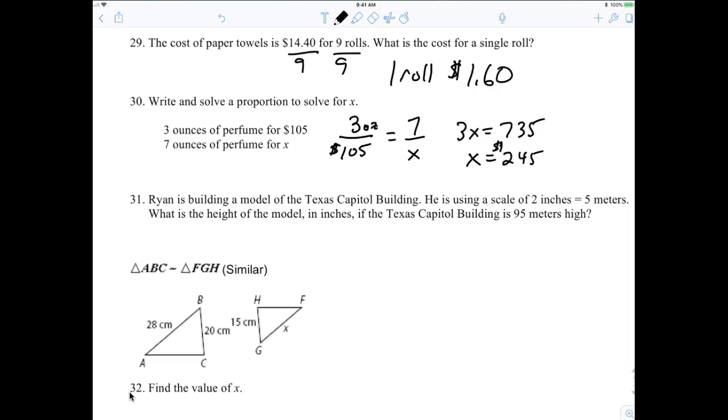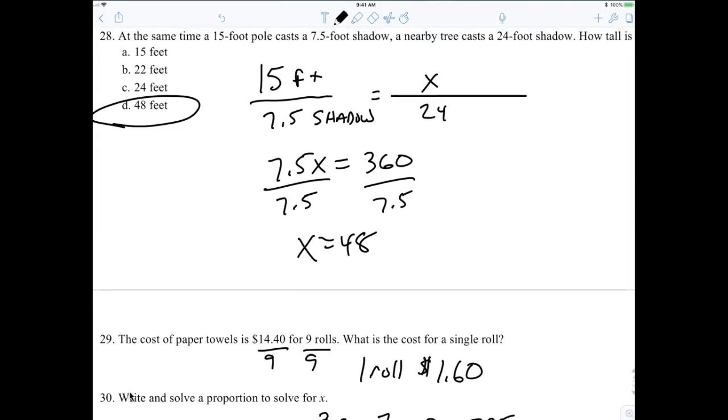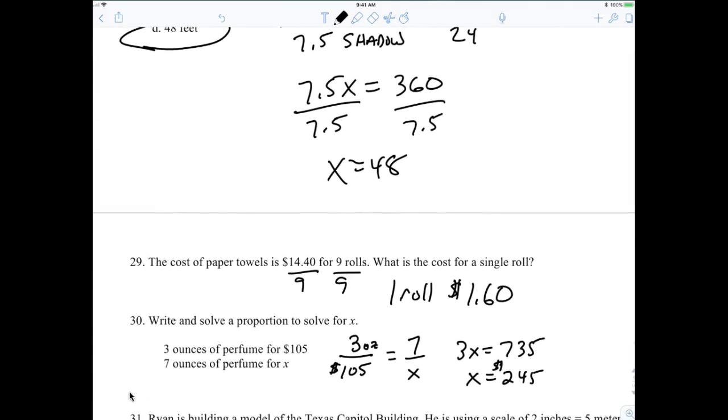Yes, ma'am, tell me. When we have a proportion like this on the test, do you want us to go through all the steps, or will you count off? It's not that I'm going to count off. If you get it wrong, I can't help you. There's a fine line between using your calculator and doing something so easy on a calculator.